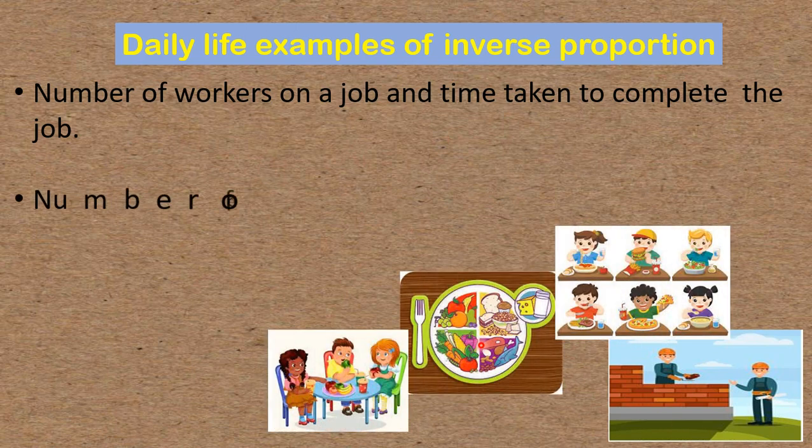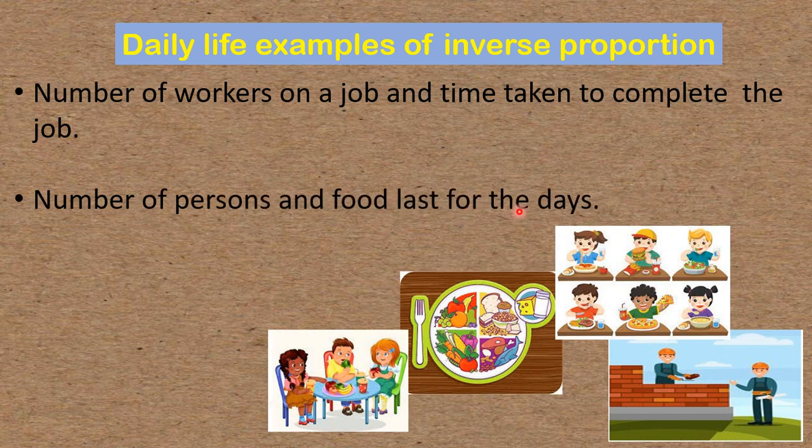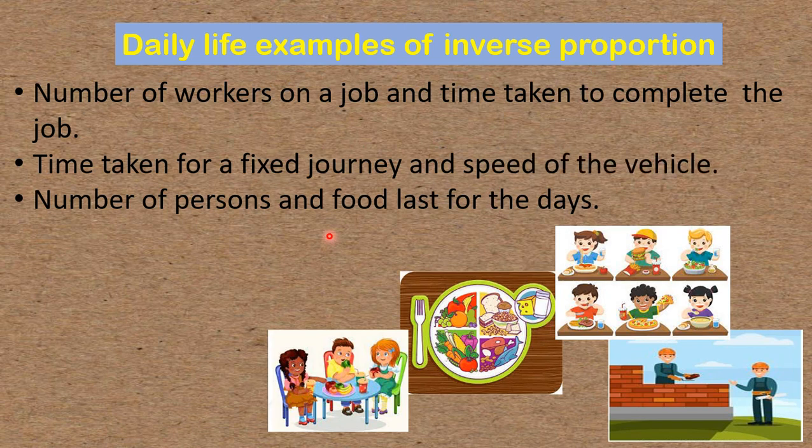Similarly, in a hostel, if there are 3 students and food is stored, it is sufficient for some days. When the number of students increases, the food will last fewer days. So as persons increase, days decrease.